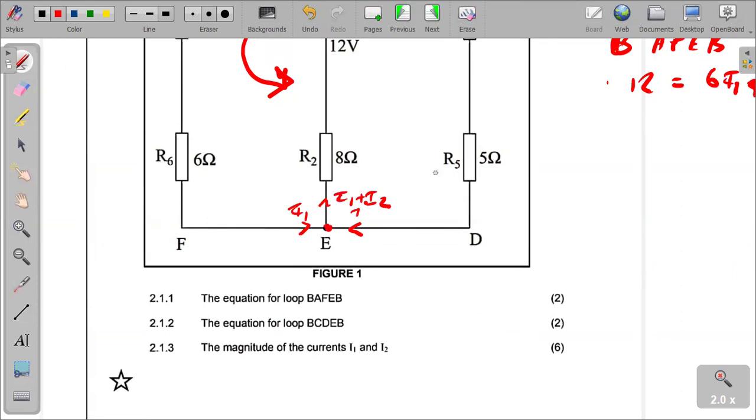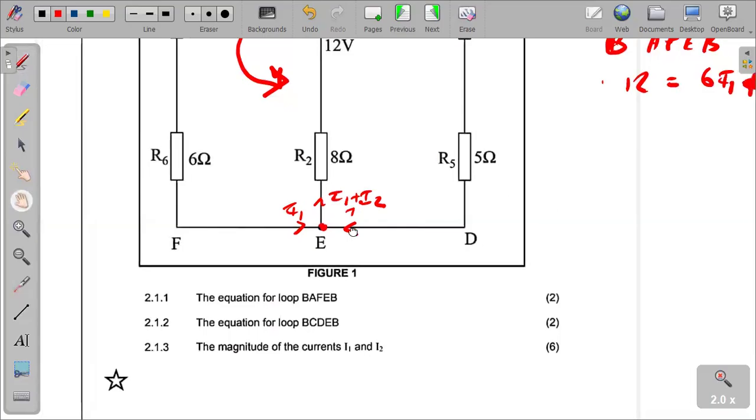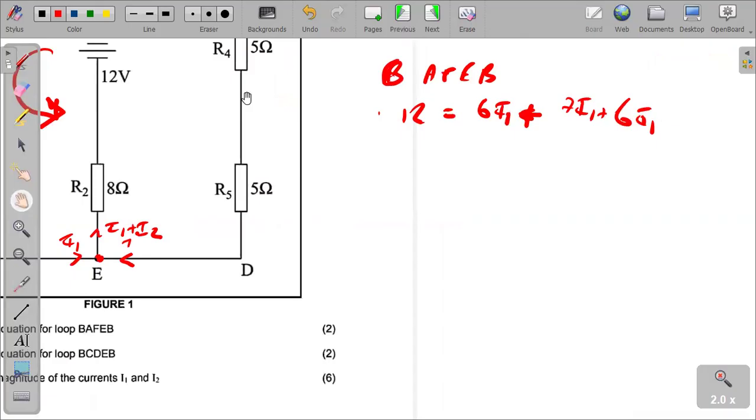Therefore 12 is equal to 6I1 plus 7I1 plus 6I1 plus 8 times I1 plus I2. Simplifying, we have 6 plus 7 plus 6, that's 19I1, plus 8I1 plus 8I2.